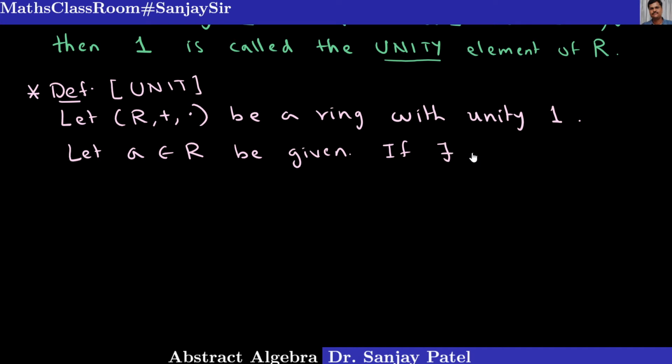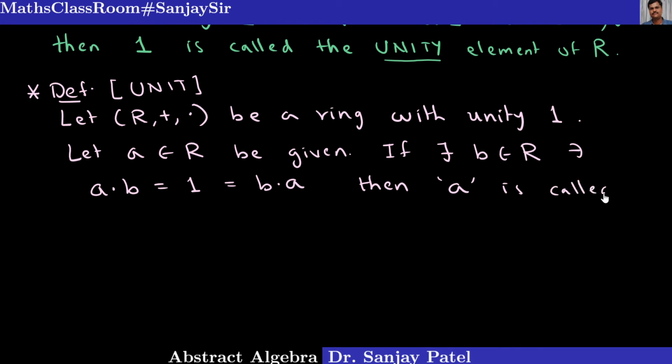If there exists some element b belongs to R such that a into b is equal to 1 is equal to b into a, then this a is called a unit of the ring R. So this element a is known as a unit of the ring R, and in this case b is called the inverse of a. So let us write a remark.